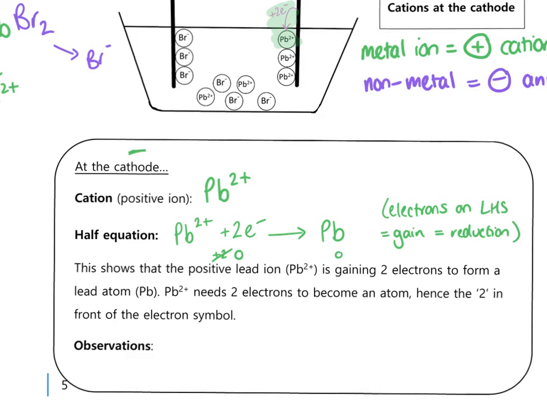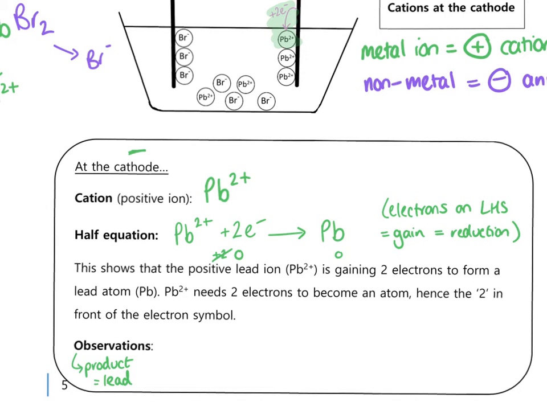What are our observations at the cathode? Well, again, just like with the anode, I need to think, well, what is my product? My product at the cathode is going to be lead. So what does lead look like? Well, lead is a metal, so it's going to be shiny grey. We're used to metals being a solid, and again, lead would be a solid at room temperature, but because of the high temperatures used, lead is actually a liquid at the temperature that we need to use for electrolysis.